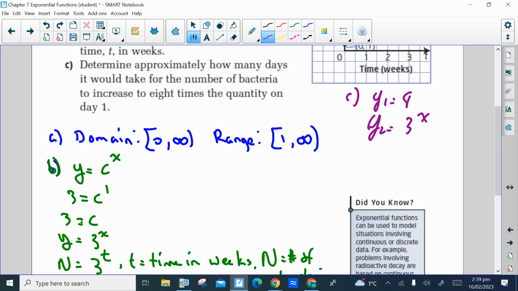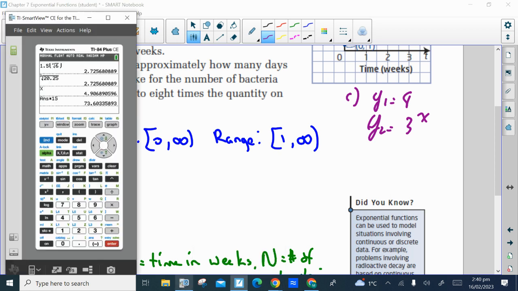But we want to know how long it will take for the number of bacteria to increase to 8 times the quantity on day 1. Day 1 there was 1. 8 times that is 8. So that's why that first equation is y equals 8. So y1 equals 8. Second equation will be 3 to the power x.